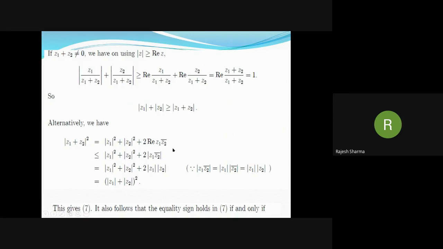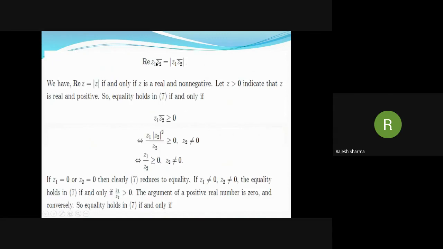Our point here is the equality sign. The equality sign will hold in this triangle inequality if and only if in this step we have the equality sign here. That is, the real part of z1 z2 bar is equal to mod z1 z2 bar. But the real part of z is equal to mod z if and only if z is real and non-negative. Let z greater than 0 indicate that z is real and positive; otherwise, we do not have an order relation in complex numbers.